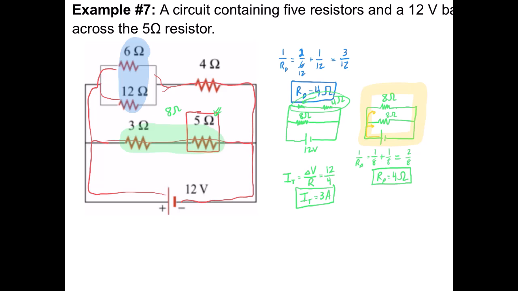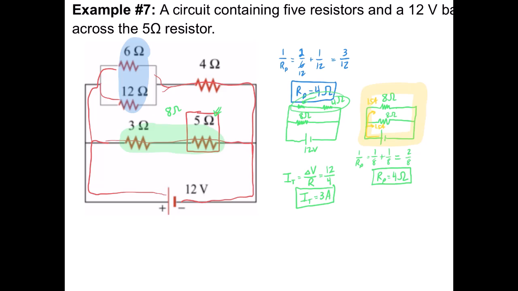Now, if they have the same resistance, then the current should split evenly between them. So if I have a total of 3 amps, then I should get 1.5 amps through this path and 1.5 amps through the other path.